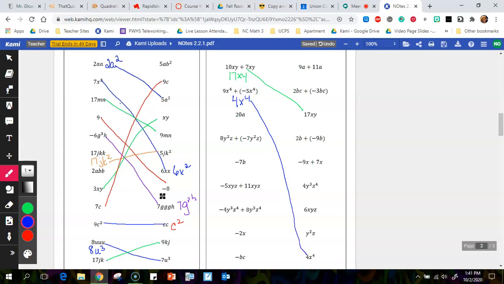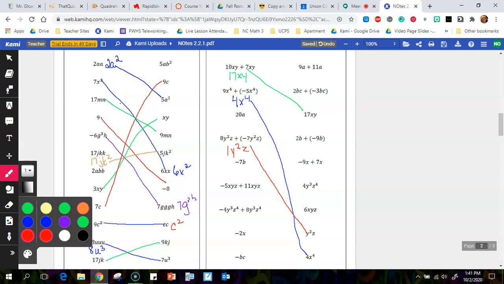Let's see, this one is 1y squared z. And that's y squared z right there. That's a 1. If it doesn't have anything in front of it, remember it's 1. This one is going to be 6xyz. 6xyz. Okay. All right, so I'm going to let you finish this.